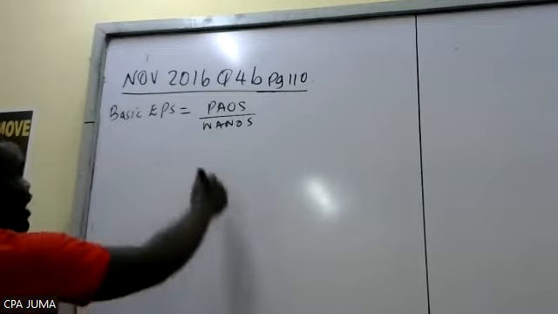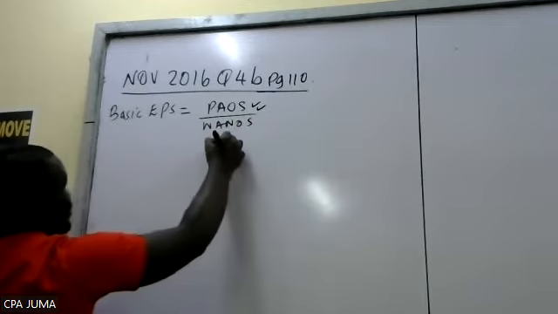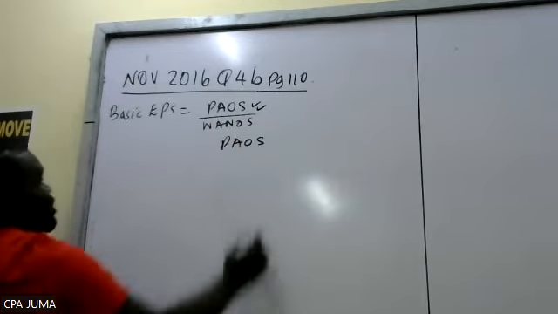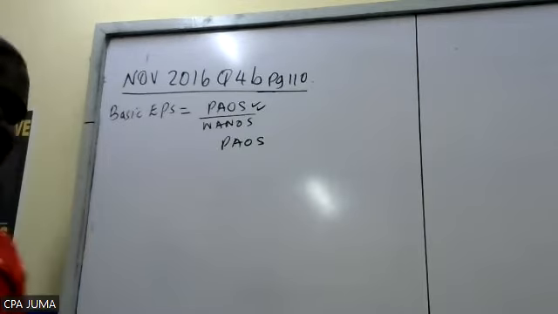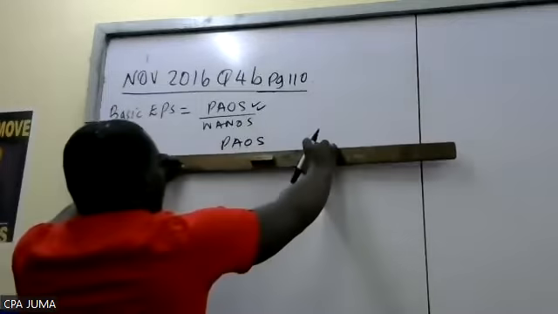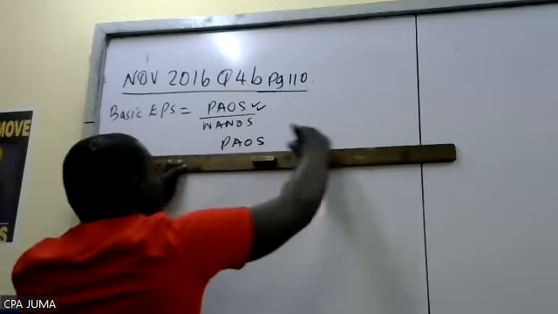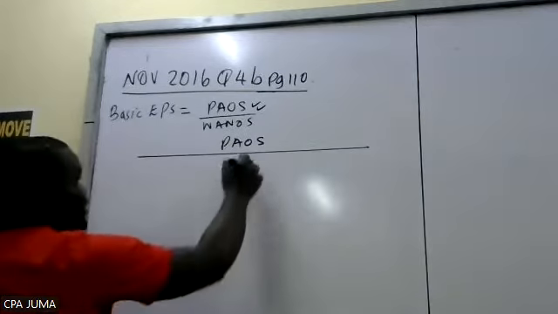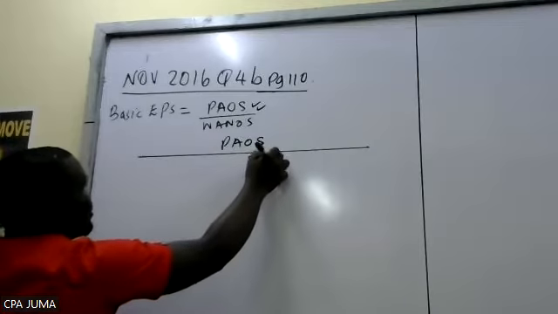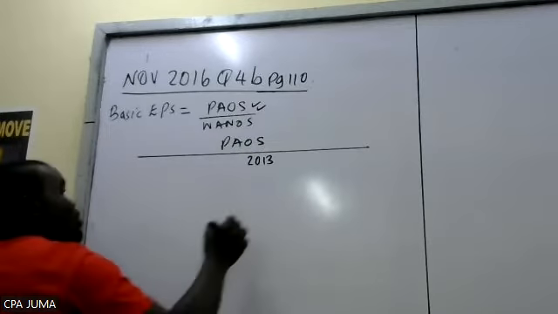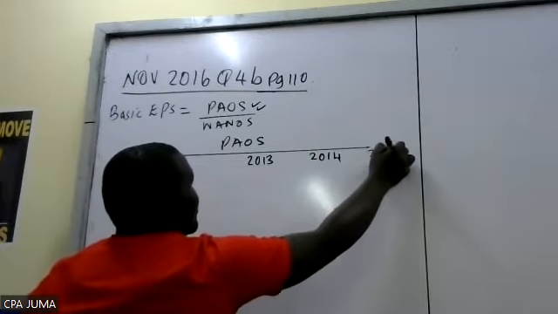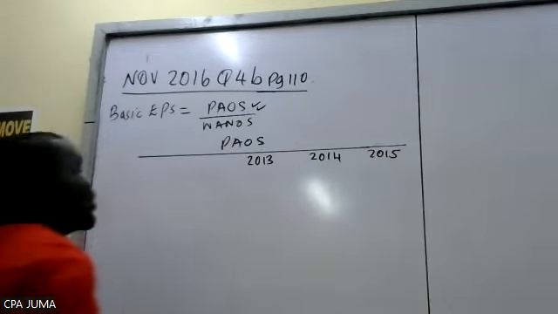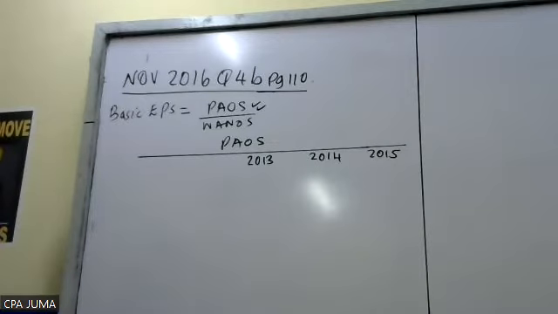So we start with this one. In this case, we start with reported profit after tax. So shillings are in millions.